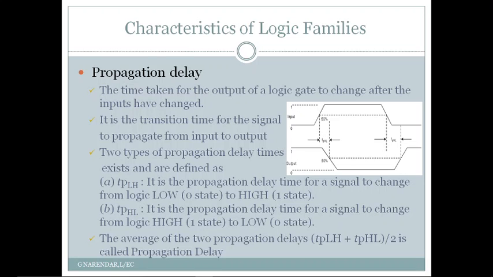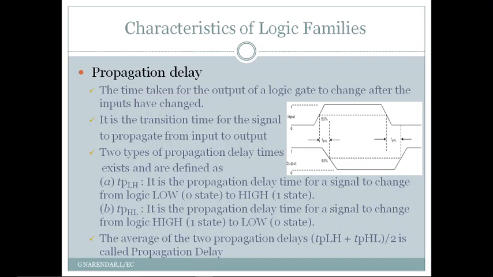And you can see that the output of the digital logic gate sometimes goes low. Previously it is in the high state, and after the application of input it may go to low. In another situation, the previous output is low, and after applying the inputs, the output may go high.